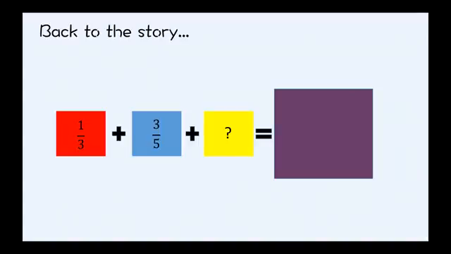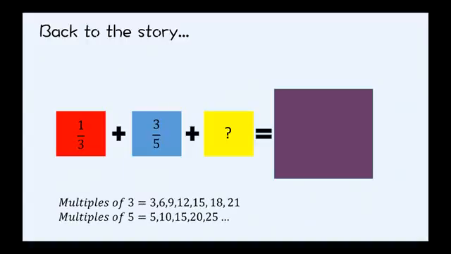Alright, now back to our story at the beginning. We said that we had 1/3 red, 3/5 blue, and some component of yellow to get this perfect shade of purple. We can do the same thing that we did in the previous question by finding the lowest common multiple between 3 and 5. Let's have a look at the multiples. For 3, it's 3, 6, 9, 12, 15, 18, 21, and for 5, it's 5, 10, 15, 20, 25.